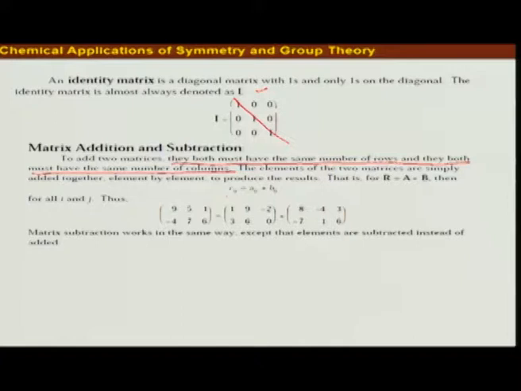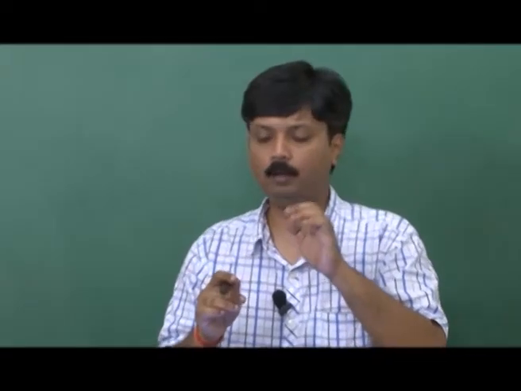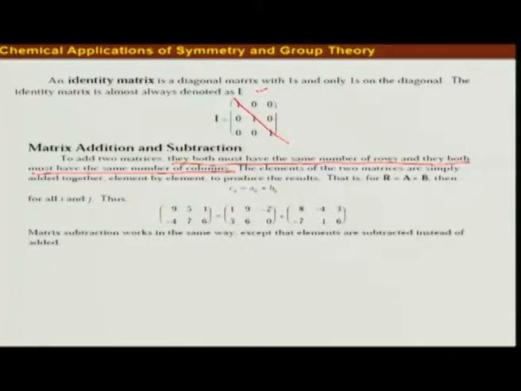Okay, the reason is this: for any addition, the elements of two matrices are added together, and this is done element by element. So if I have a matrix like the one shown here, with 1, 9 and minus 2 in the first row, and the other matrix has 8, minus 4, 3, I can map 1 to 1. So 1 plus 8, 9 plus minus 4, and minus 2 plus 3. So I can have this one-to-one addition or one-to-one subtraction.